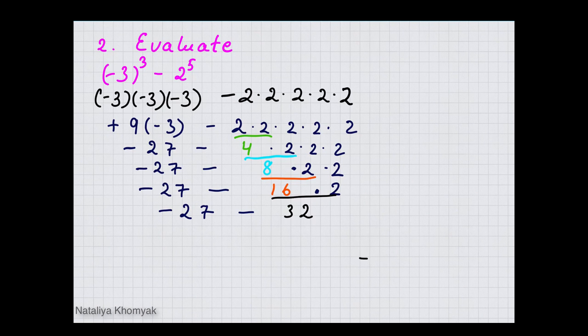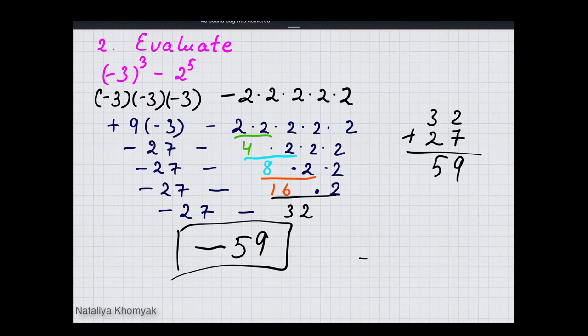Same sign, we look for the sum of 32 and 27. The sum will be negative. 7 plus 2, 9. 2 plus 3, 5. So negative 59 is our answer.